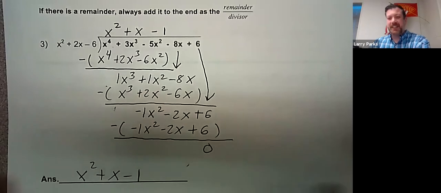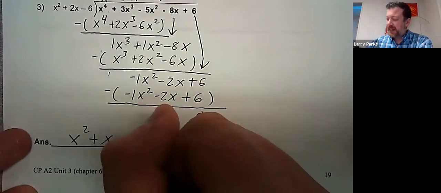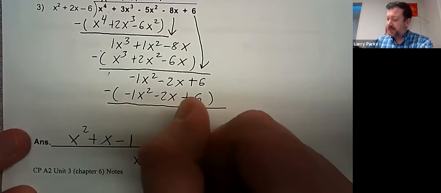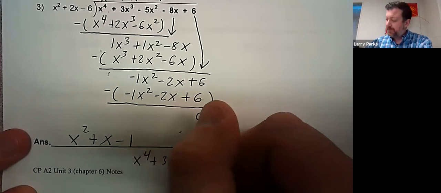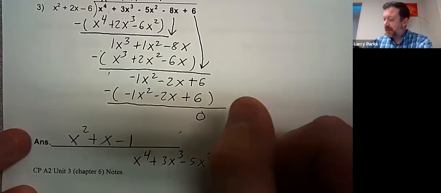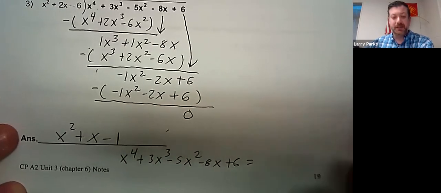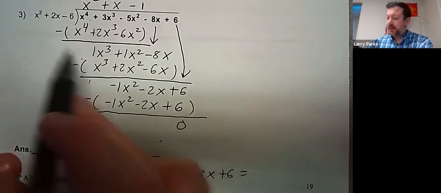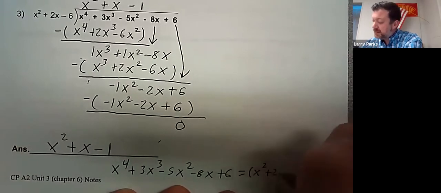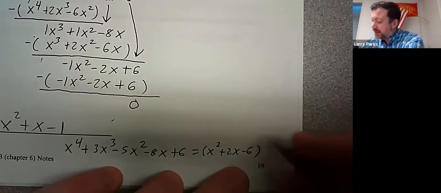Okay, so I'll even take this a step further. What that means is, if I ask you to factor this, if I said factor this, which I don't even know how to factor it by hand, to be honest, that is equal to x squared plus 2x minus 6 times x squared plus x minus 1.